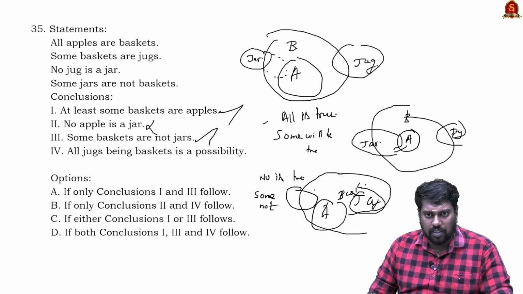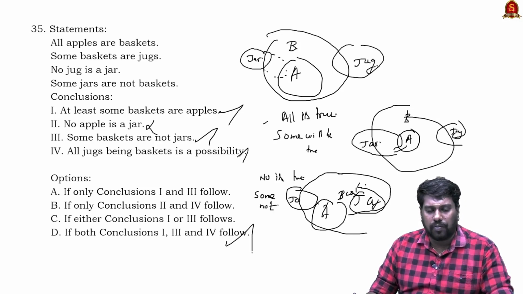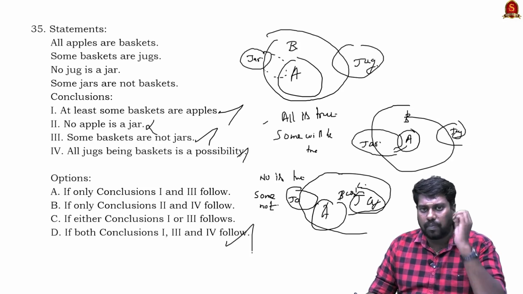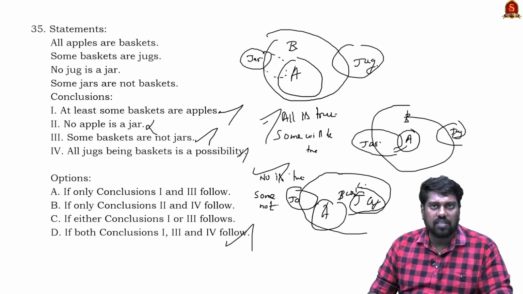Yes, it is a possibility, because there is no relationship between jug and jar only, but we can have a relationship in the possibility between jugs and basket. So what is your answer for this particular question? 1, 2 and 4. So if you follow the logic of the syllogism properly, that is only these two shortcuts specifically, you will be able to arrive at the answer.